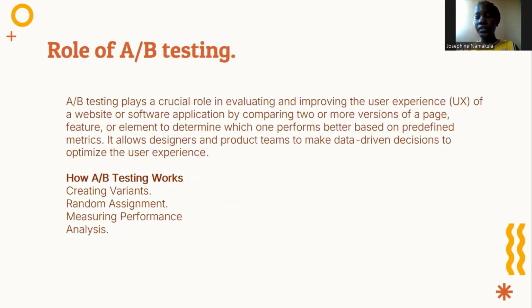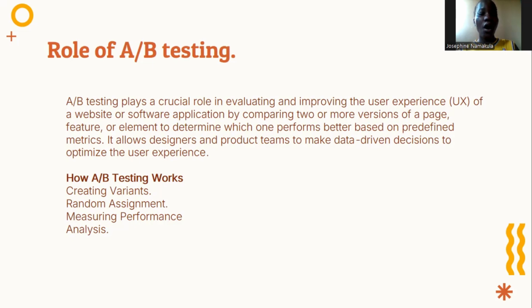So the role of A/B testing: A/B testing plays a crucial role in evaluating and improving the user experience of a website or application by comparing two or more versions of a page, feature, or element to determine which one performs better based on predefined metrics. It allows designers and product teams to make data-driven decisions to optimize the user experience.